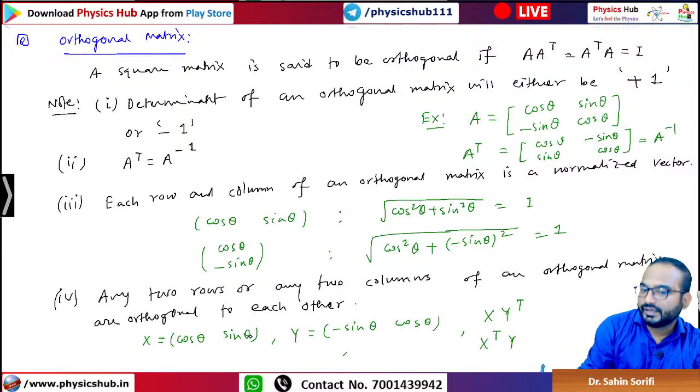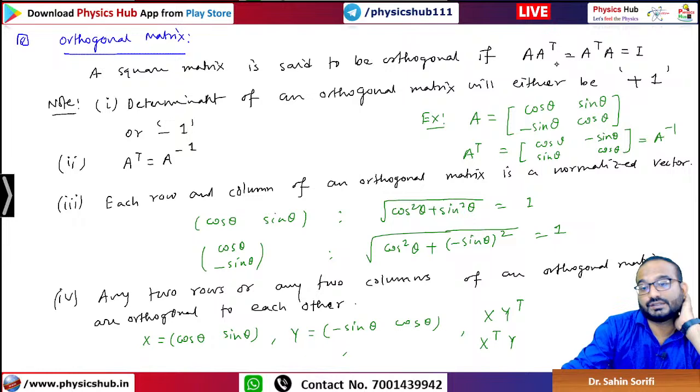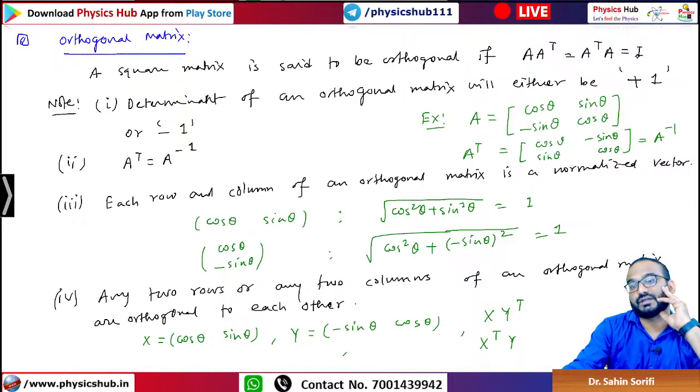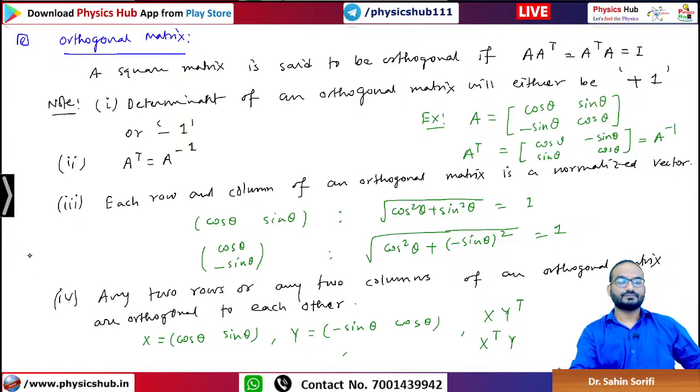So any two rows or any two columns will be orthogonal to each other. If you consider this form, you will get identity. Chalo. This is the fourth property.